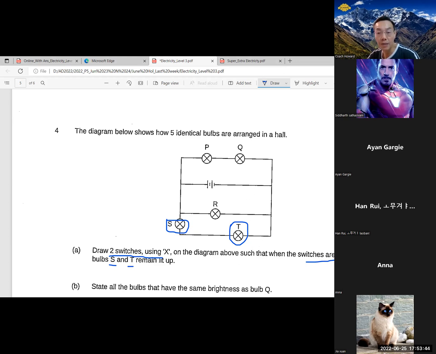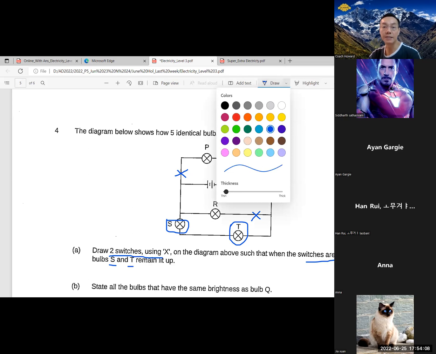Can you see the word only? And also this is only. Can you see there's one possibility here? When this is open, the current will go through here, and then I put another one here. So this is one possible answer.